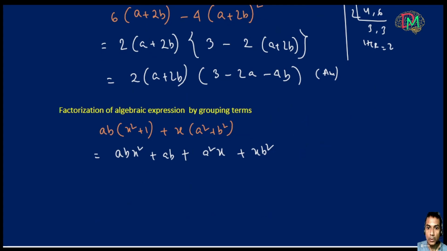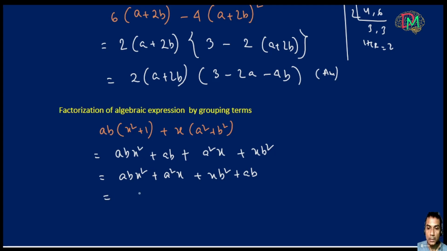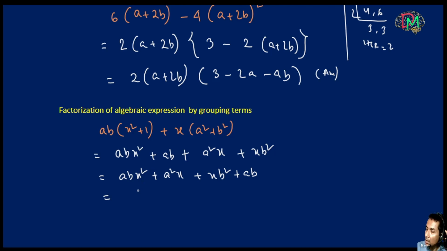Next we have to change the position: abx square plus a square x plus a x b square plus ab. We combine this part ab with this, and this part with the abx square. Clear? Next we have to follow the first method, that is the monomial factor. You have to take the common from each group, because these individual terms are monomial terms.